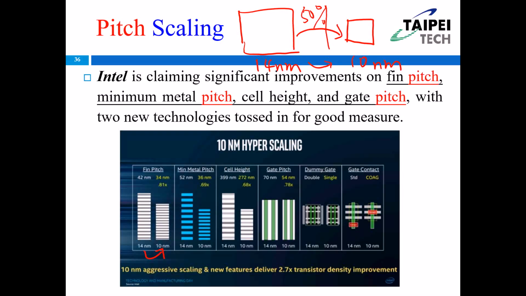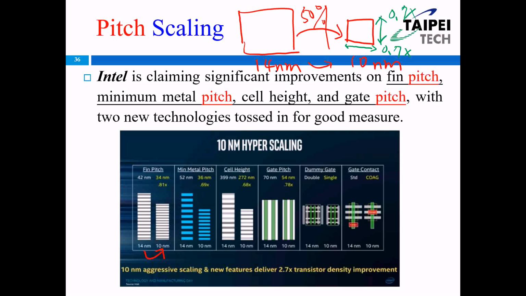Okay, so if the chip size becomes 50%, it means the width and the length must become 0.7 times the original size, right? You see the length and the width must be around 0.7 times compared to the original length.